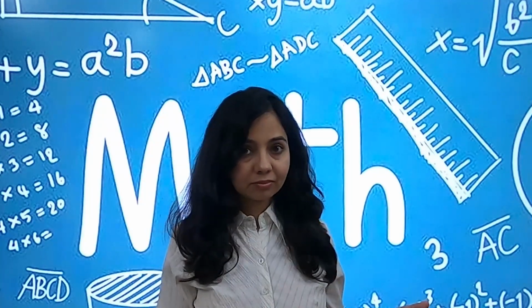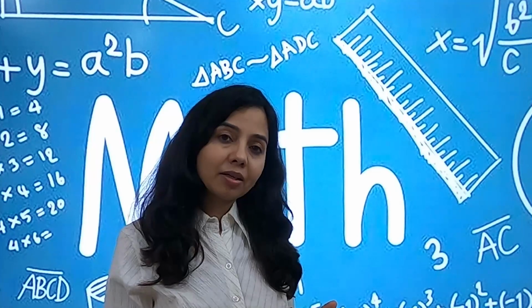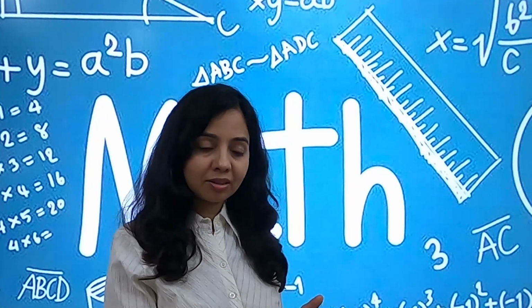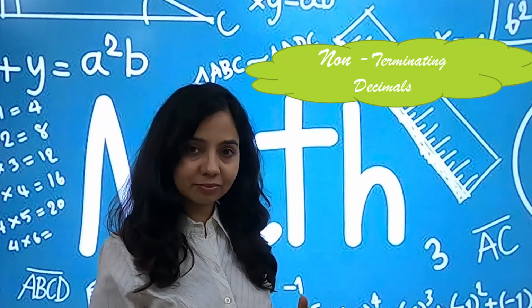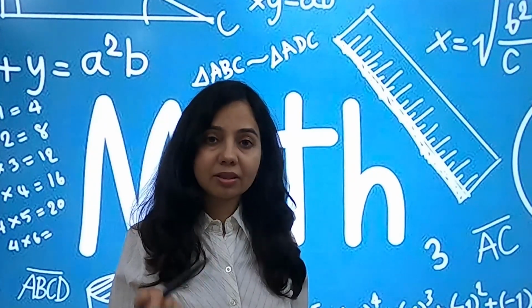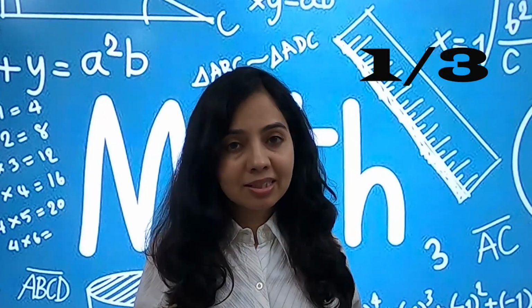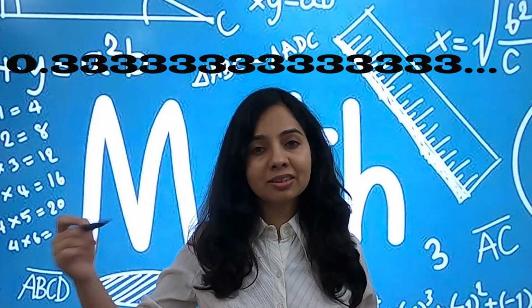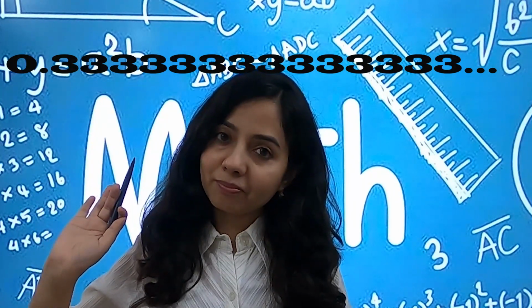Another reason why we go for rounding off is when the number is such that it has non-terminating decimals. For example, what is 1 divided by 3? It is 0.33333, 3 goes on forever.